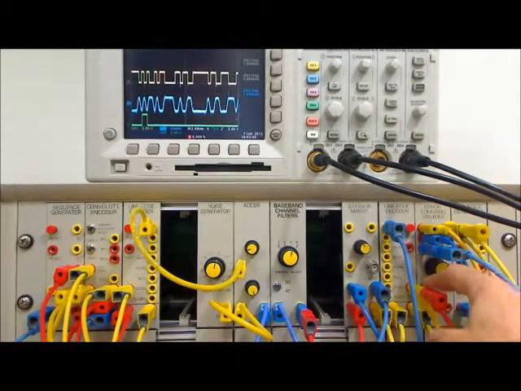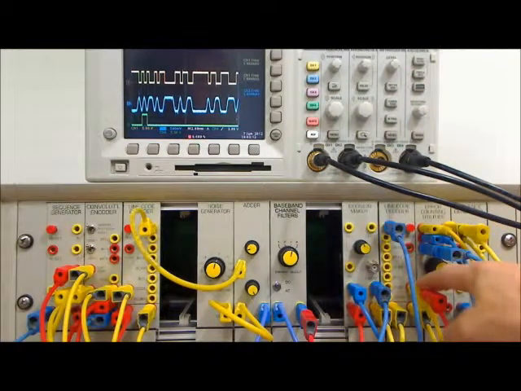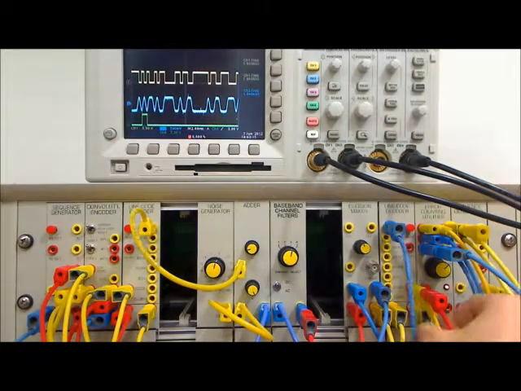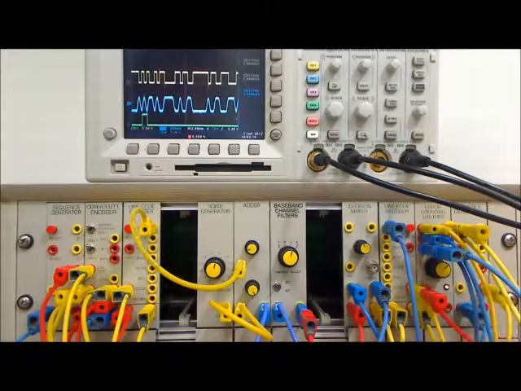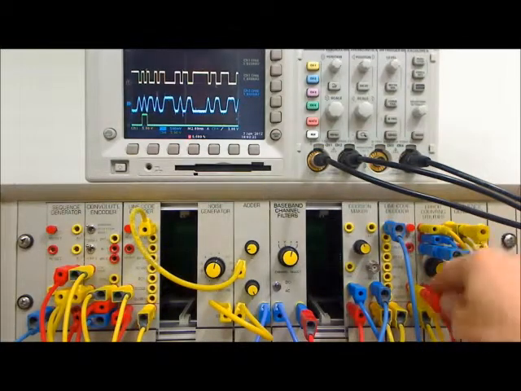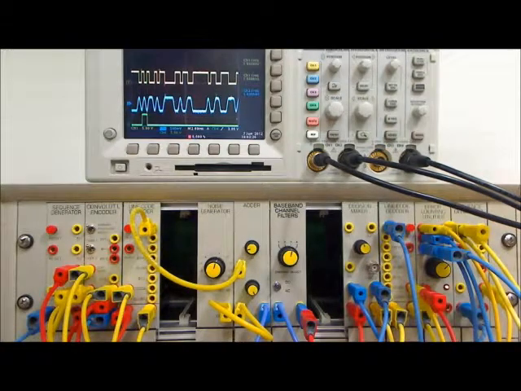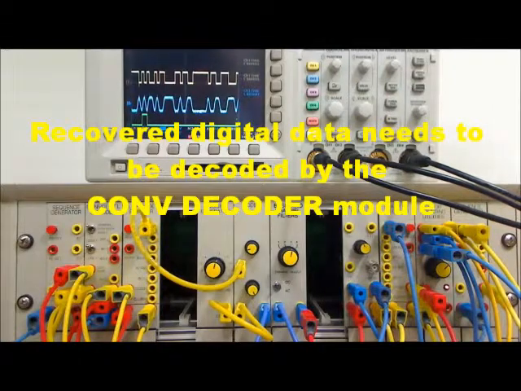Now at this point we have TTL clock at the receiver, TTL data at the receiver, and these signals are convolved data. Now they need to be put through the convolutional decoder, which is where the DSP comes into play.